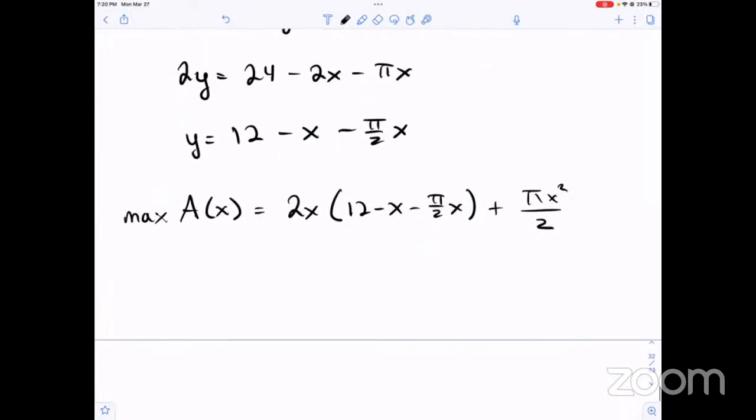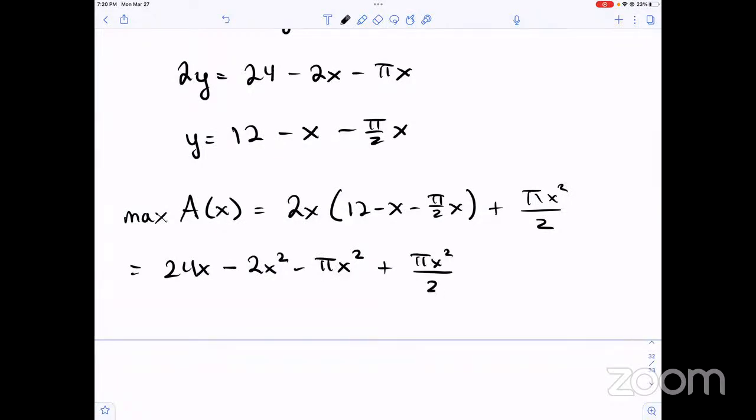So if we distribute, we're going to get what? 24X minus 2X squared, so minus pi X squared plus pi X squared over 2.